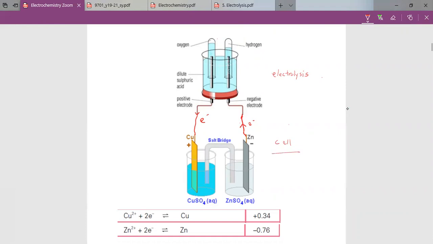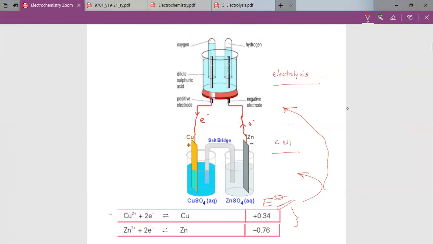In these 2 things, the common thing we're going to use is the E-zero values. These are the standard electric potentials. Remember, these values must be used for here and for here, so it's very important to use the data booklet. How do you use a standard electric potential for a cell?